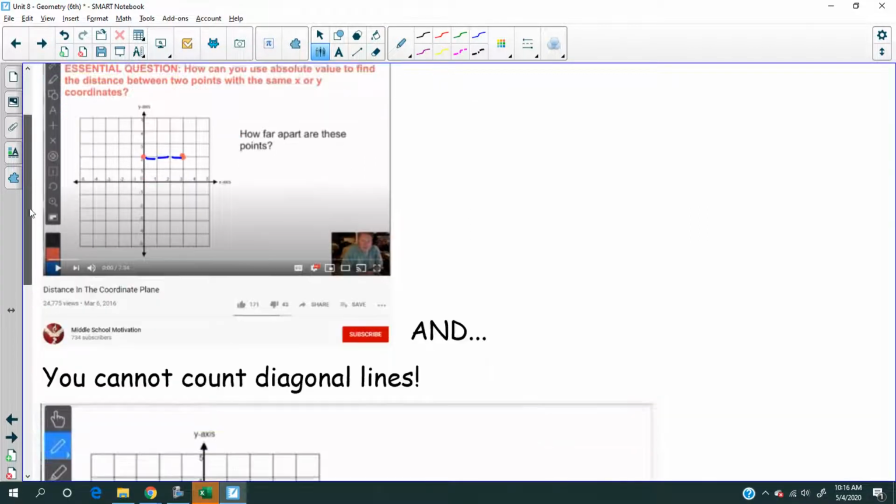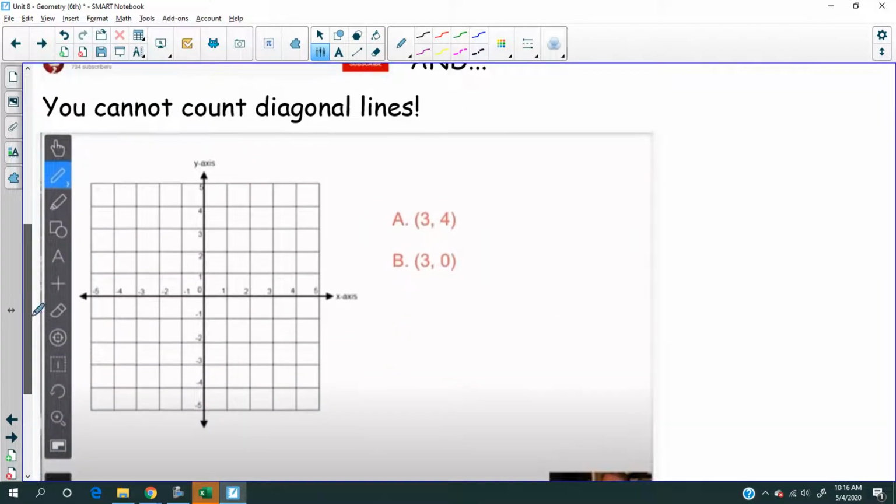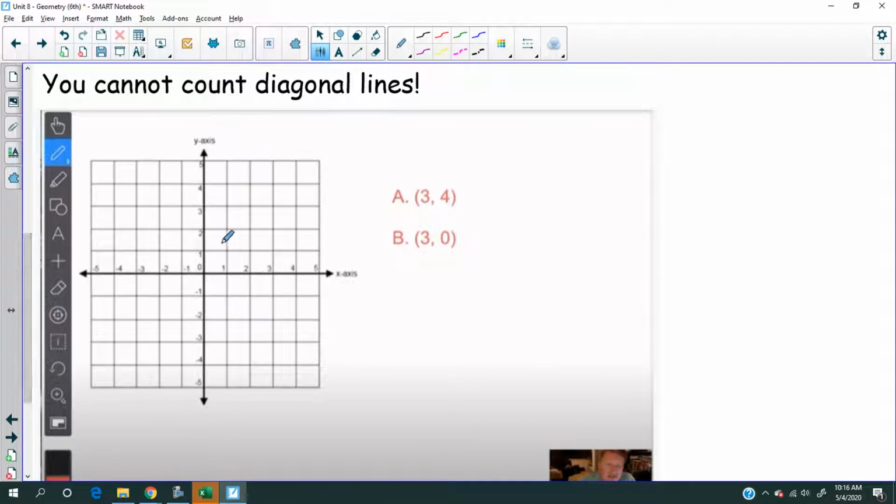One of the things he did not mention and that I have to mention is that, guys, you cannot count diagonal lines. Meaning, let's say you got a point here and you got a point here. You can't say that's 1, 2, 3. It's not 3. First of all, that line's not straight. It's actually a little over 1 because diagonal lines are a little bit longer than horizontal lines.